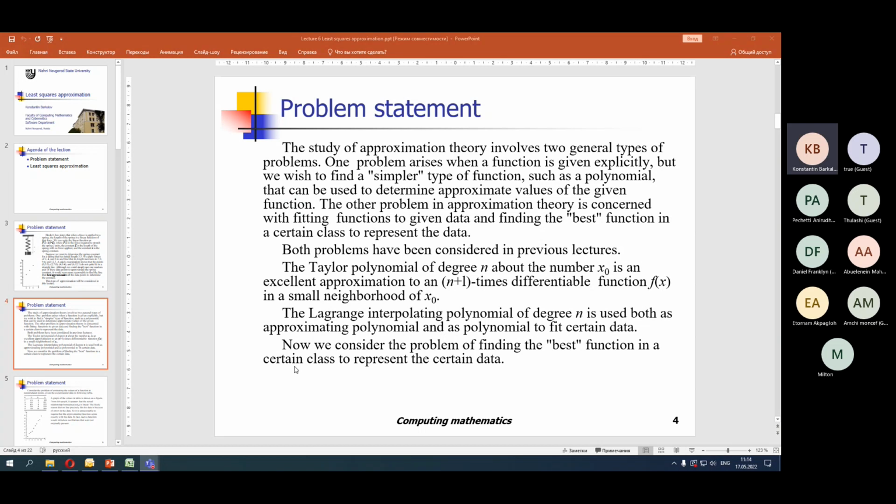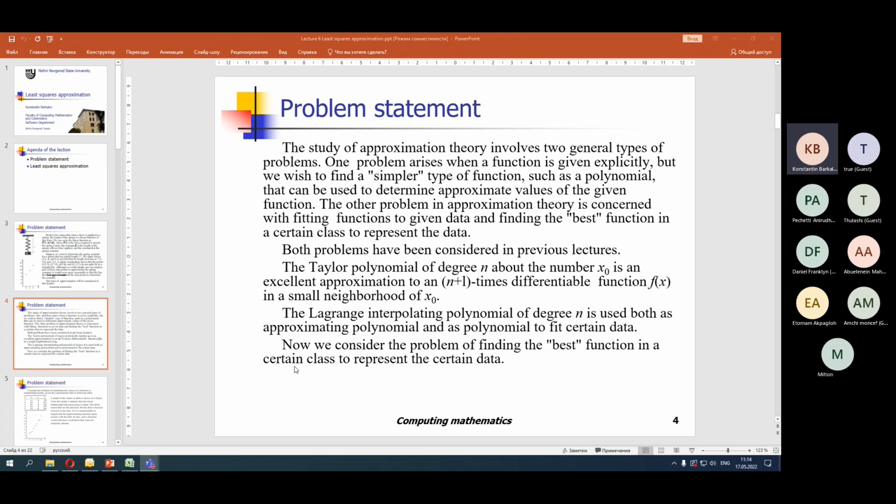In approximation theory, there are two general types of problems. One problem arises when a function is given explicitly, but we wish to find a simpler type of function, such as a polynomial, that can be used to determine approximate values of the given function. In this case, we know the formula for the function, but this formula is very complex.